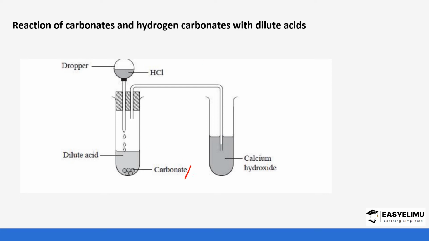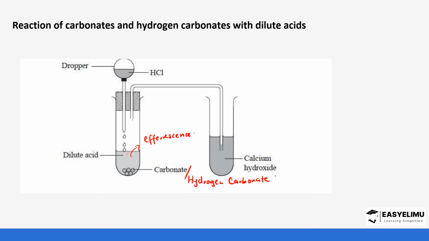So we'll start with the reaction of the carbonate and hydrogen carbonate with acid. I'm going to put a stroke here because it's the same process that we are going to use also for the hydrogen carbonate. Hydrochloric acid reacts with the carbonates, and one of the things you notice is effervescence or fizzing, the production of a colorless gas.